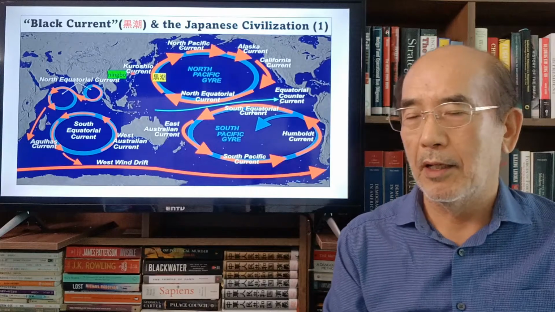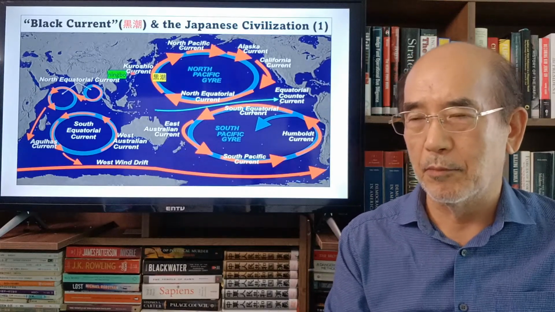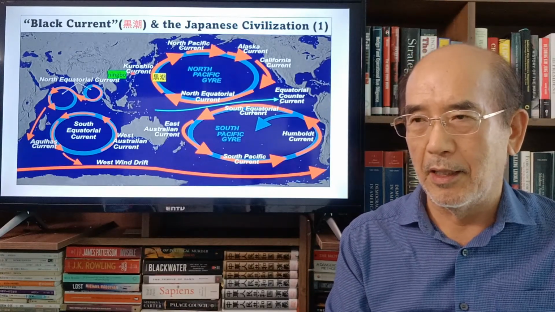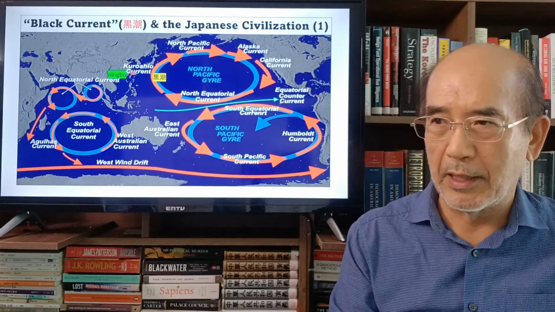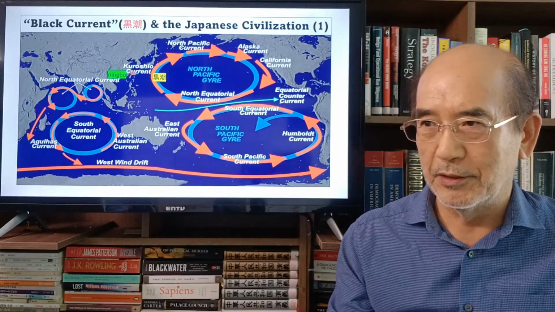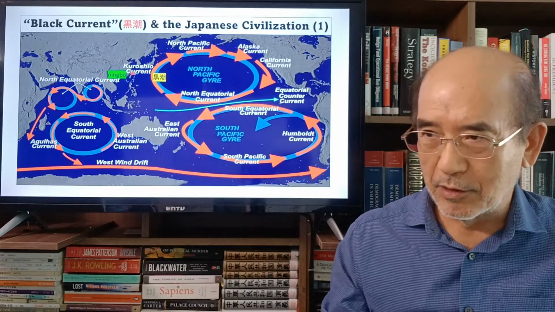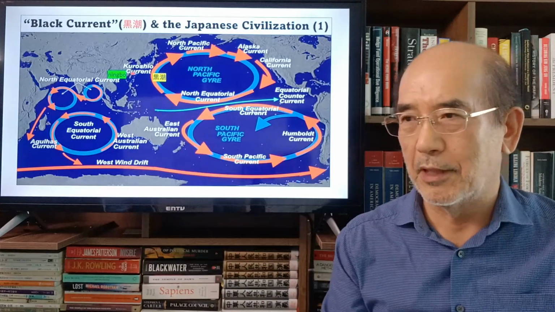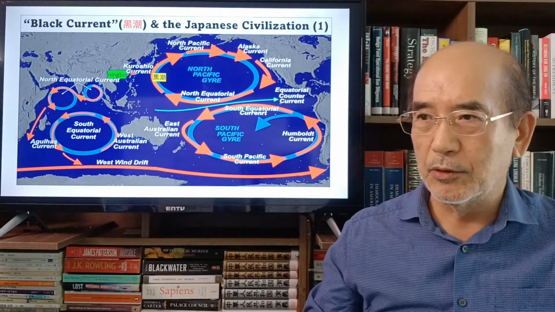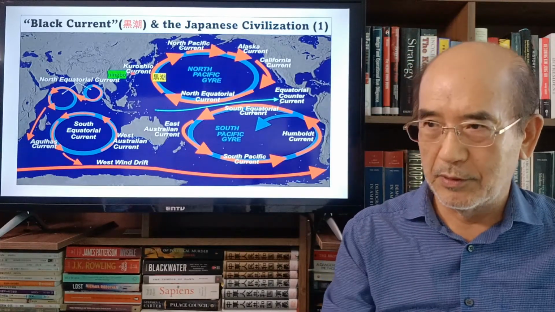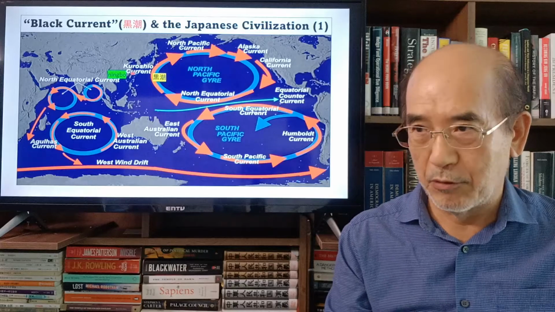Now, let's discuss this black current, kuroshio, more. If you look at this Pacific Ocean, the circling kuroshio starts from the North Equatorial Current, then goes toward China, the Eurasian continent.